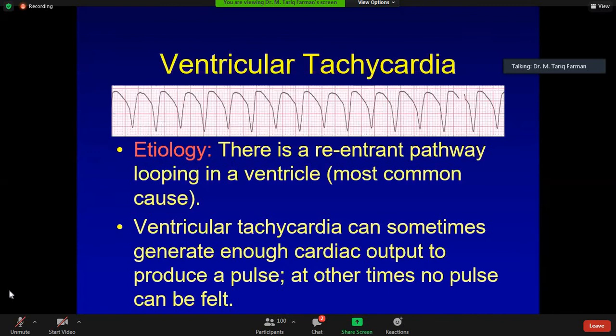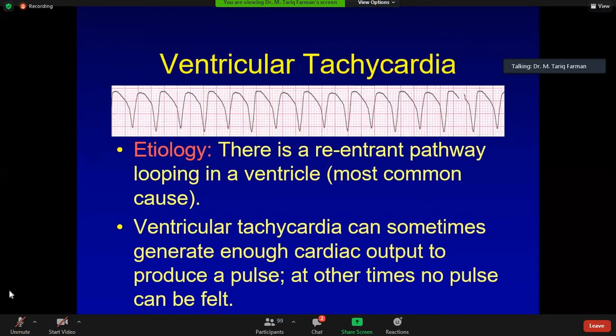You can manage this kind of patient with medications, called pharmacological cardioversion. Any tachyarrhythmia that is not causing hemodynamic instability, you can manage with drugs, IV medications like amiodarone, like lignocaine. So you can try medications if the patient is stable.